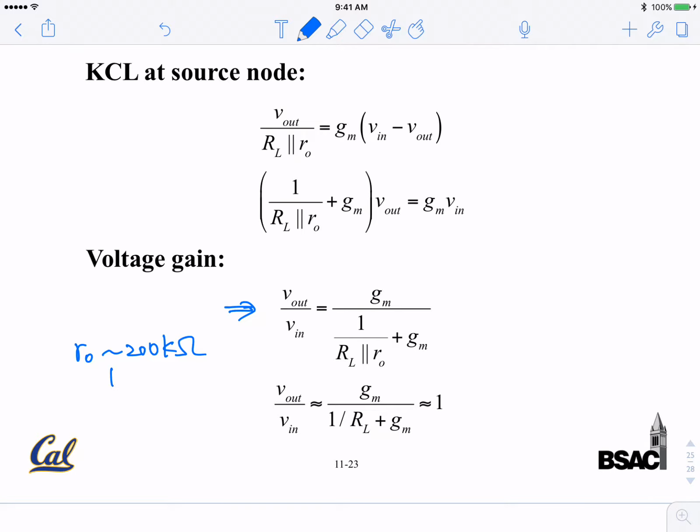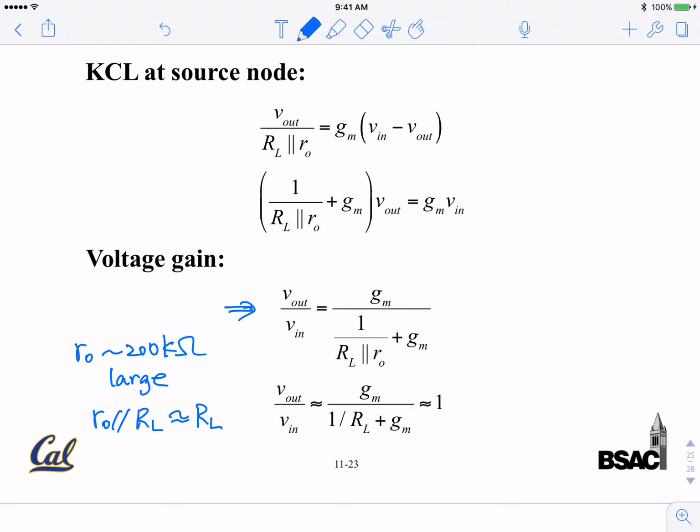So we consider RO as a large resistor. RO parallel RL is most of the time just equal to RL. So we simplify this, and it will become gm divided by (1 over RL plus gm).